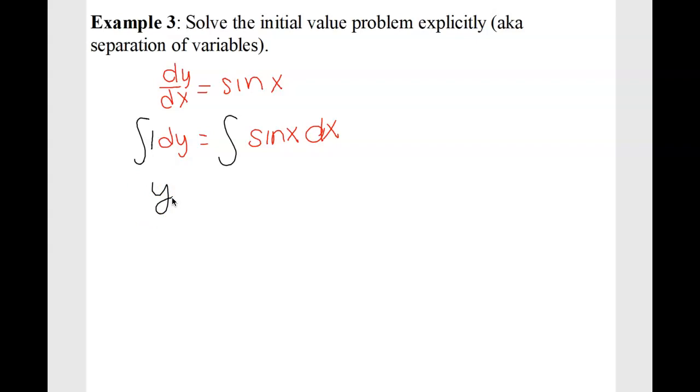The antiderivative of sine is its reverse, right? The derivative of sine is cosine. The antiderivative of sine is cosine, but because there's no negative there, it becomes negative cosine x plus, we have no bounds, so we need a c.